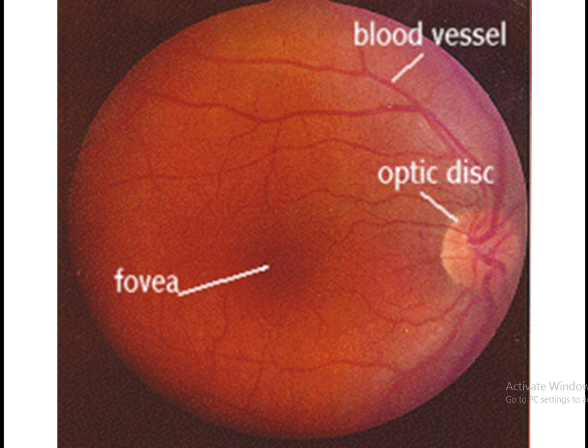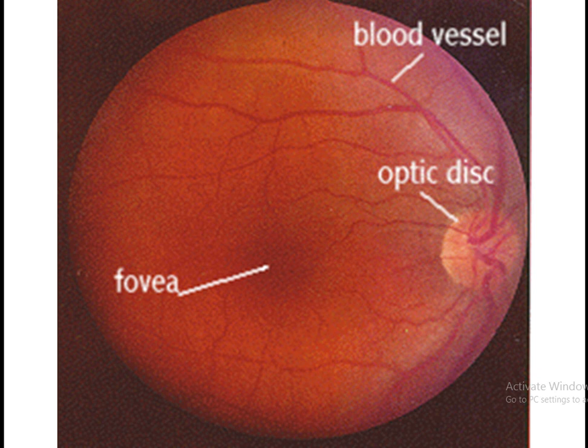You can see abundant blood vessels here, emerging through this point and going to the whole of the retina. So this is the point which should be traced, a landmark.